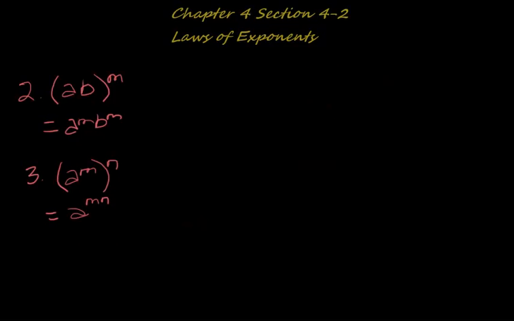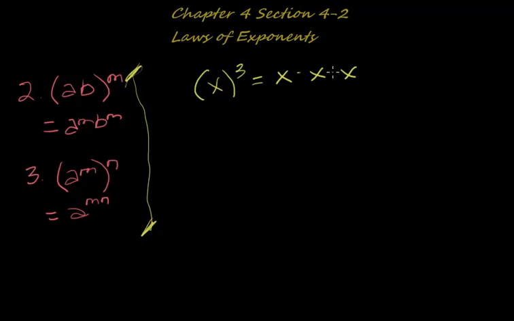Now, here are the second and third laws of exponents. I'm going to start a little differently, but I also like to introduce these in the very same way and ask yourself what exactly is going on. If you had just x raised to the third on the outside of parentheses, this is equal to whatever is inside times itself, the number of times that the exponent says.